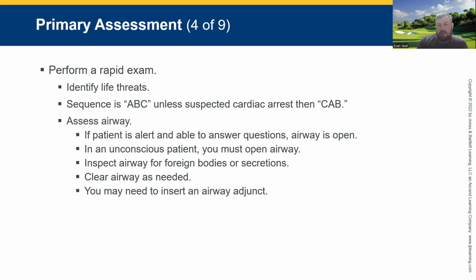So if cardiac arrest is suspected, we need to do CAB. So circulation, airway, breathing. Circulation is we're doing chest compressions, right? There's one other thing that this falls into, and that is if we're hemorrhaging. If we're bleeding out, we need to stop the bleeding, then worry about the airway, then worry about the breathing.